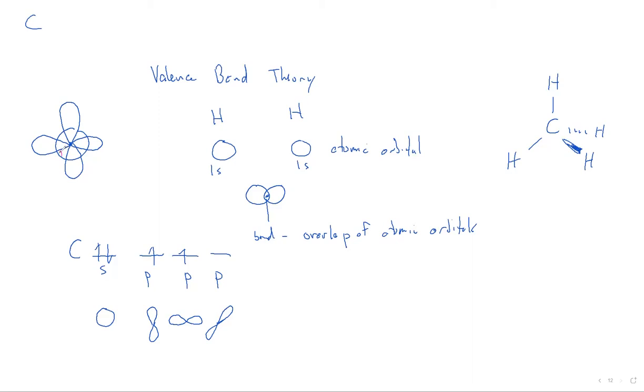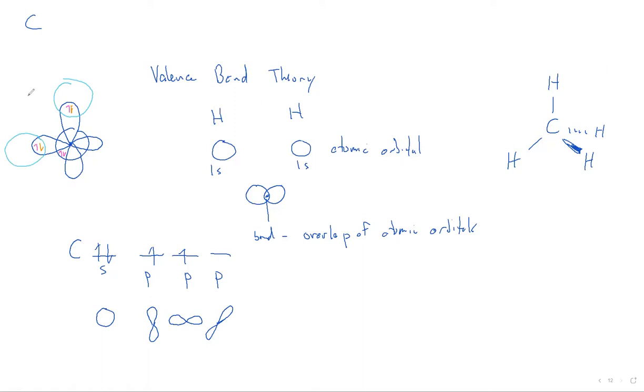So there's 2 electrons in an s, and there's 1 electron in each of these p's. And so the only place you can really form bonds is with hydrogen 1s. So here would be a 1s orbital of hydrogen, and you can form this bond. But this doesn't look anything like what the real methane molecule looks like.